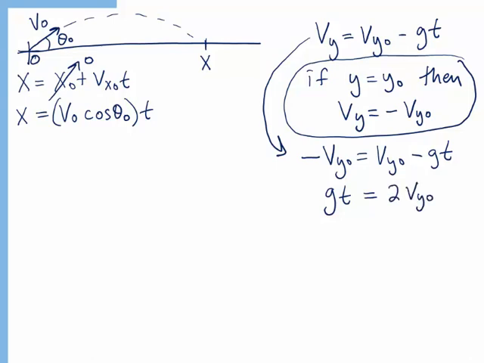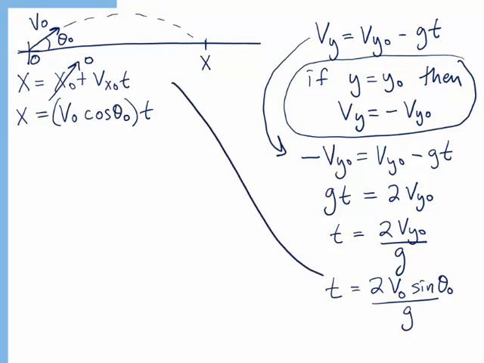So I'm adding vy naught to both sides and adding gt to both sides. Or t is equal to 2 vy naught over g. The last thing I'm going to do there is put in what vy naught is in terms of v naught and sine theta. So t is equal to 2 v naught sine theta naught, and I'm dividing that by g.